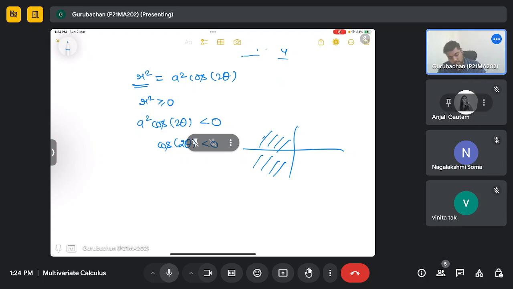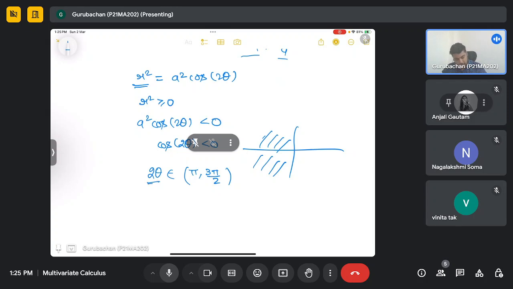So 2 theta must belong to pi by 2 to 3 pi by 2, or have I done something wrong? In which quadrant is cos positive? Second or third, or second or fourth? It is correct, so it should be in this particular one.